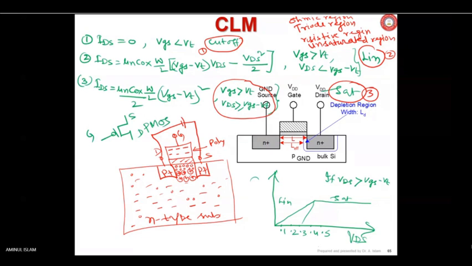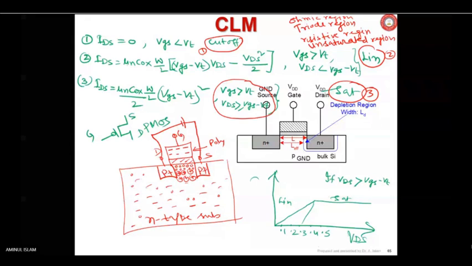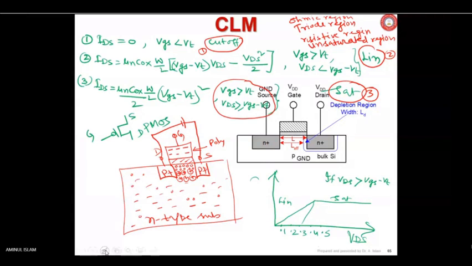In which direction will the holes flow? Source to drain, in this direction. In this direction holes will flow, which means conventional current direction and the hole flow direction are the same. Could you understand? So current will flow in this direction.